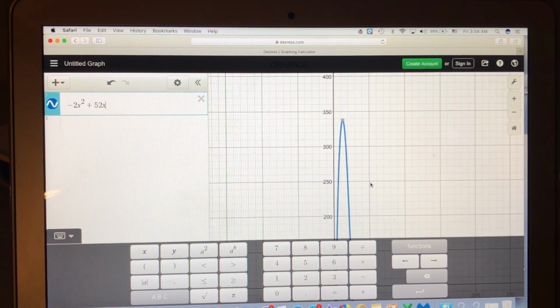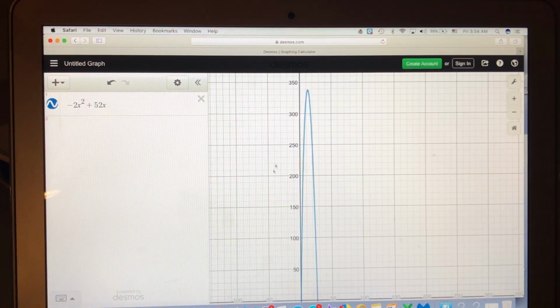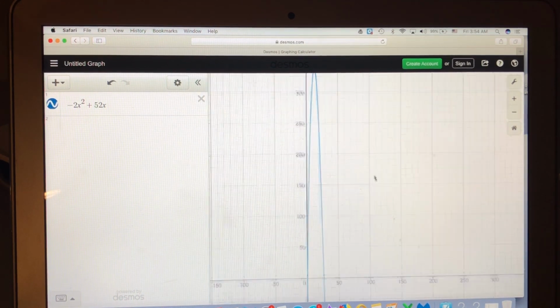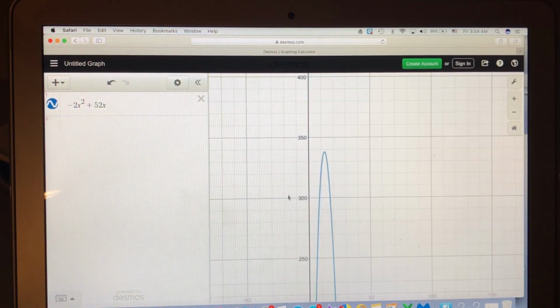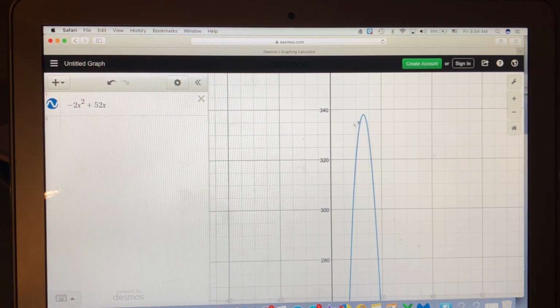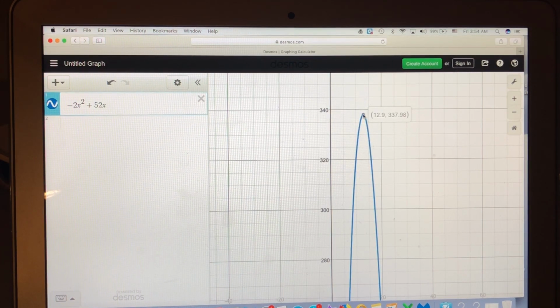It's much slenderer than my hand-drawn function. I will increase the size of it. What is this top point? Oh, this is the vertex, 13, 338.